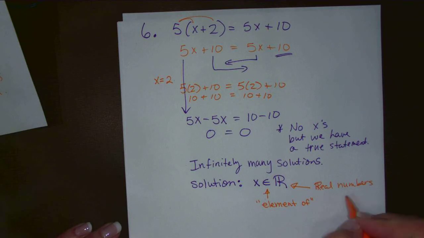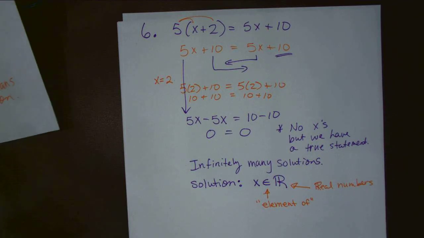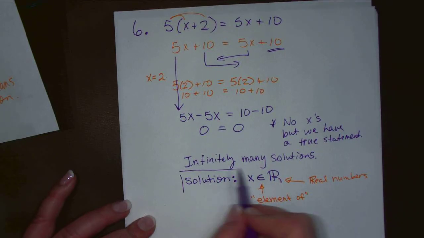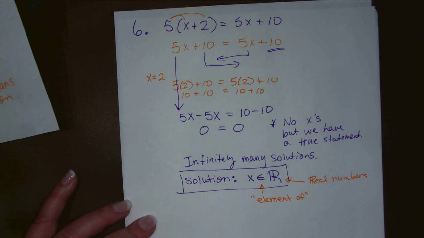Means we can put in any decimal or fraction or number, anything at all onto both sides, and it will work. So here we would say the solution. So the last solution was actually no solution, was the solution. This time, the solution is x is an element of real numbers. So that would just say that anything will work.